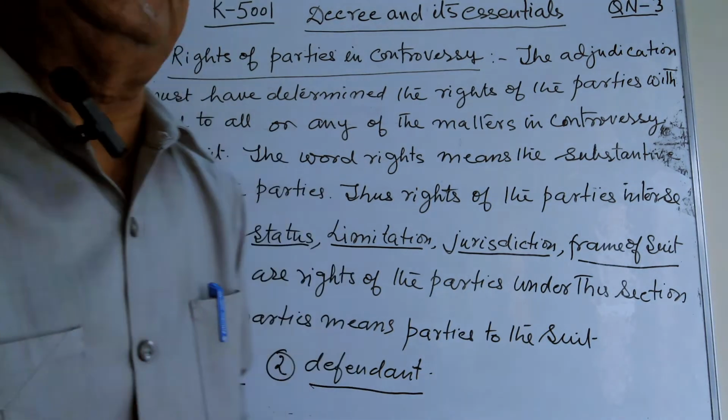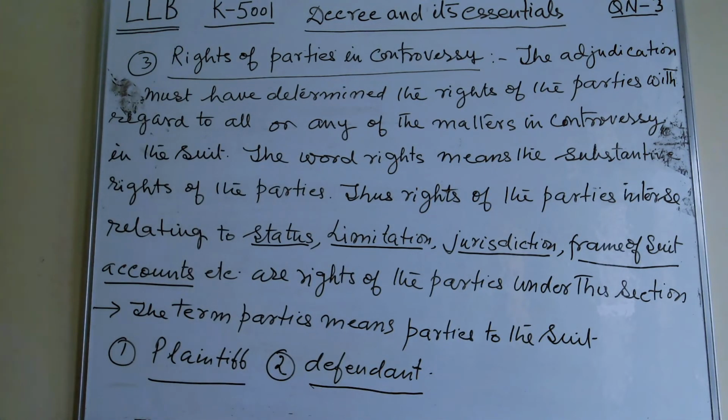So my dear friends, I am taking the third essential condition of a decree, that is, rights of parties in controversy. The adjudication must have determined the rights of the parties with regard to all or any of the matters in controversy in the suit.